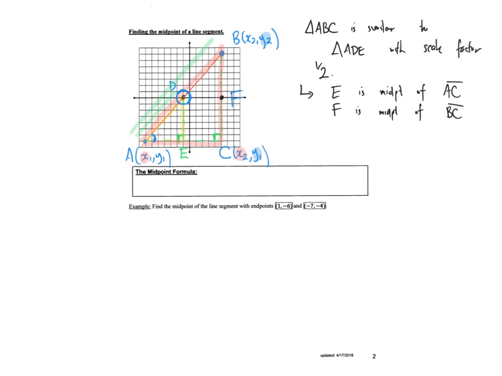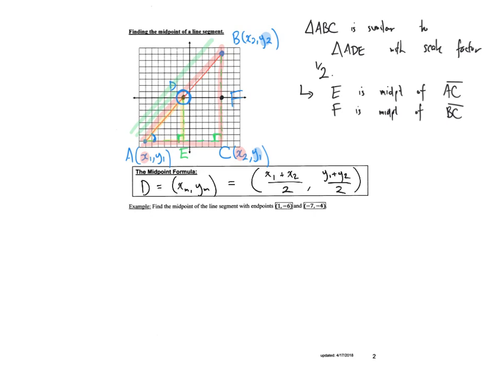So this gives us, as our midpoint formula, the point D, which we might call xm, ym, m for midpoint. The coordinates we're looking for, we simply average the x-coordinates, x1 plus x2 over 2 for the x-coordinate, and for the y-coordinate, we average the y-coordinates, y1 plus y2 over 2.